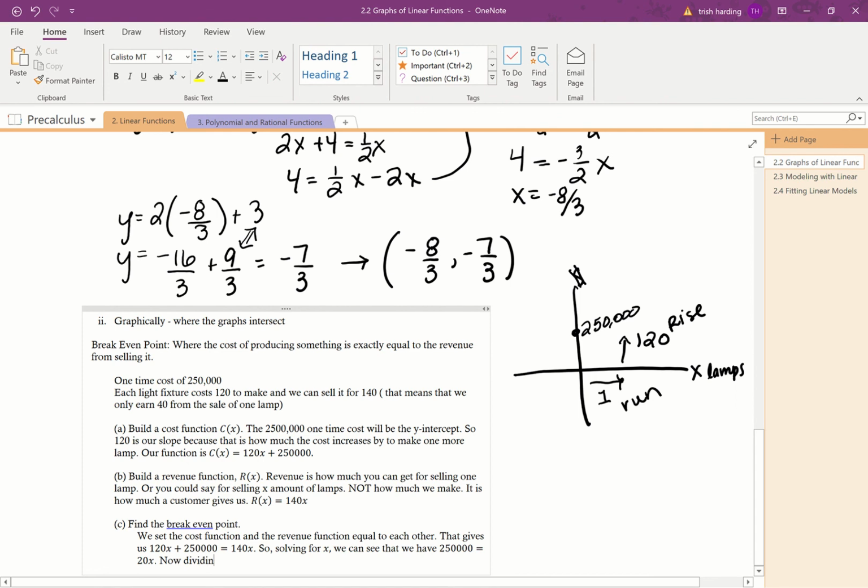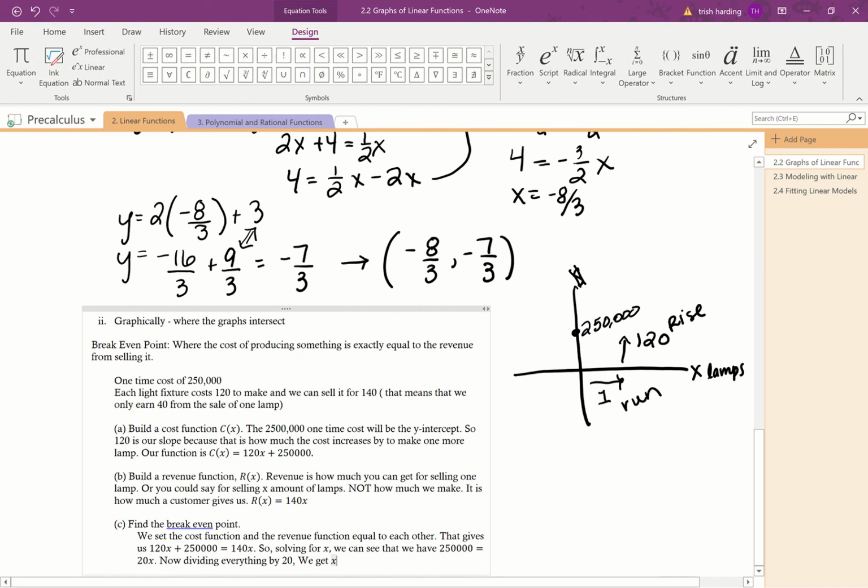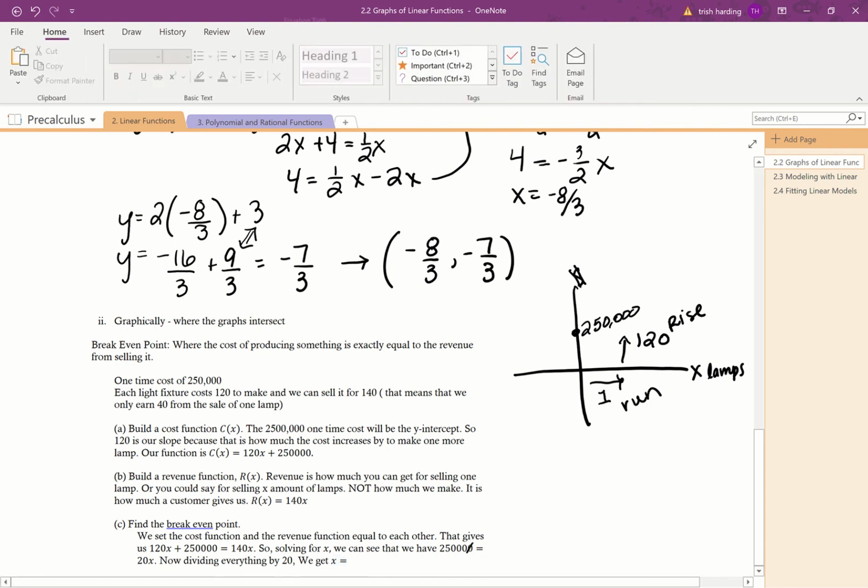Now, dividing everything by 20, we get x equals, if we divide these by 20, we get rid of one of those zeros, and then we'd divide 25,000 by 2.